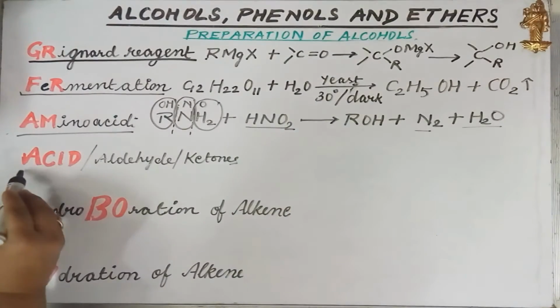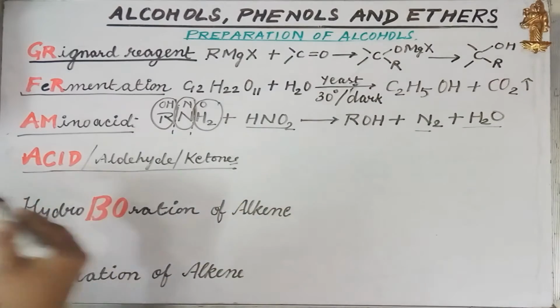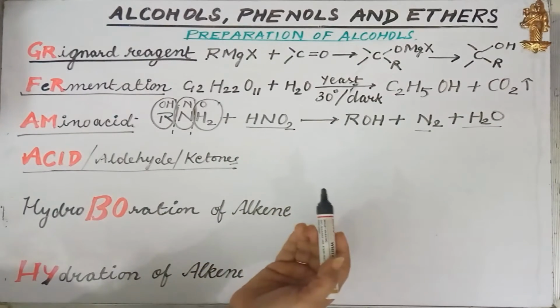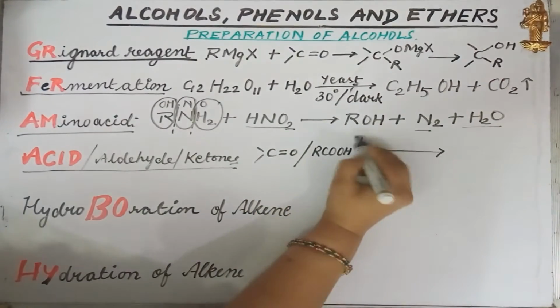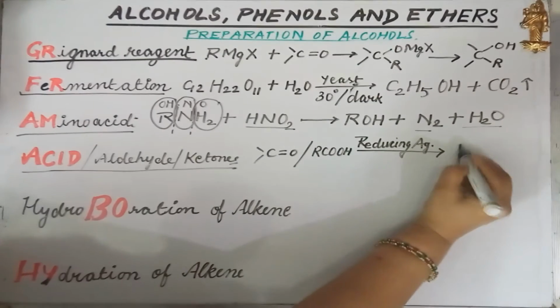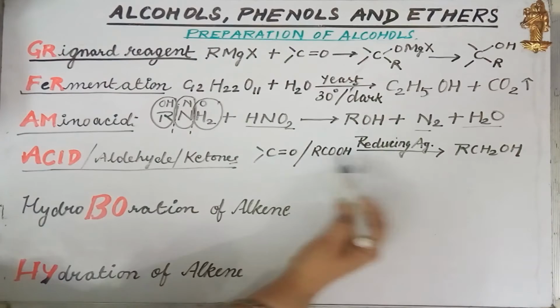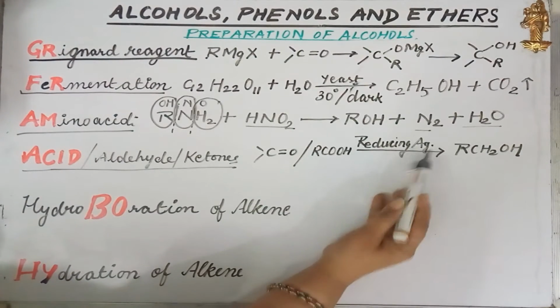Next reaction is acid, aldehyde and ketone. Aldehyde, ketone or acid can be easily converted into alcohols by the reduction reaction, using different reducing agents.